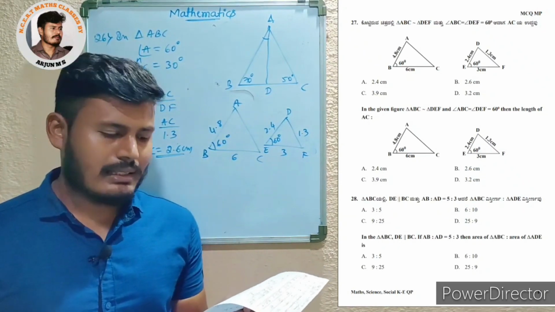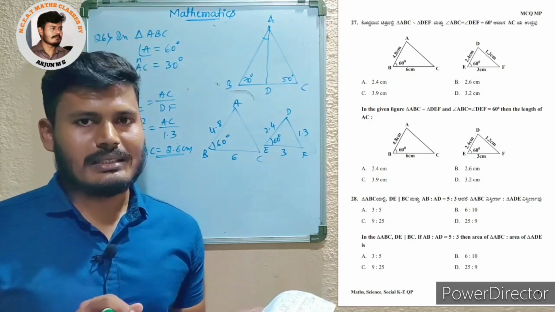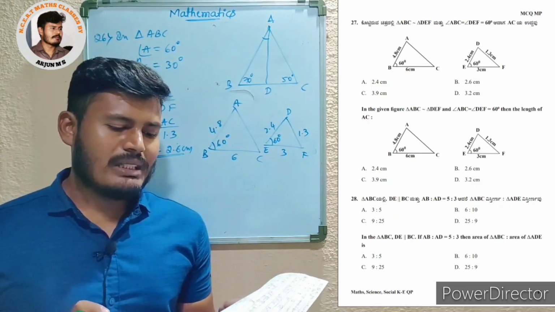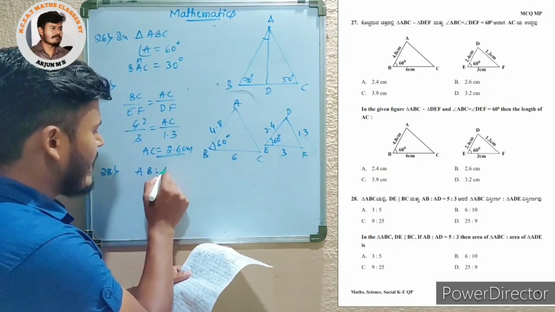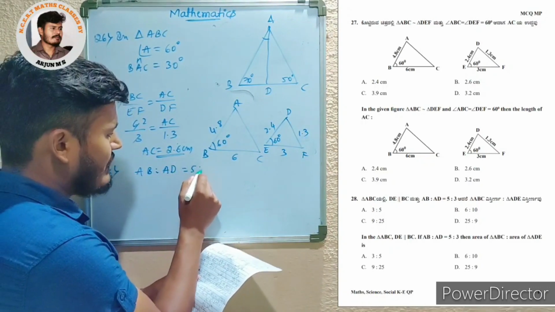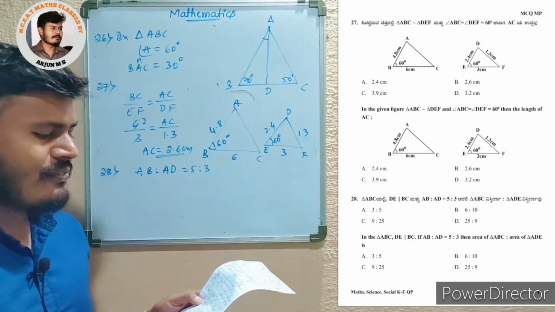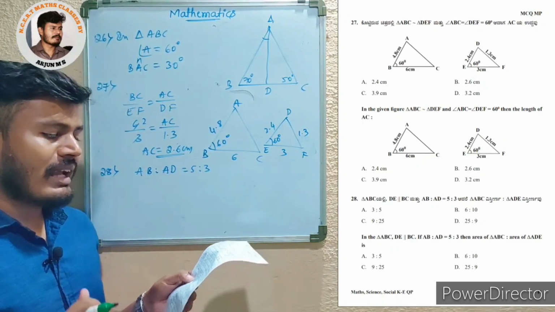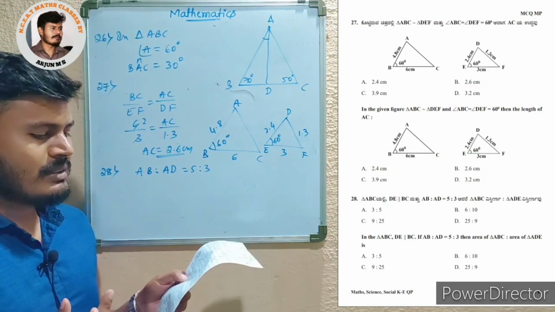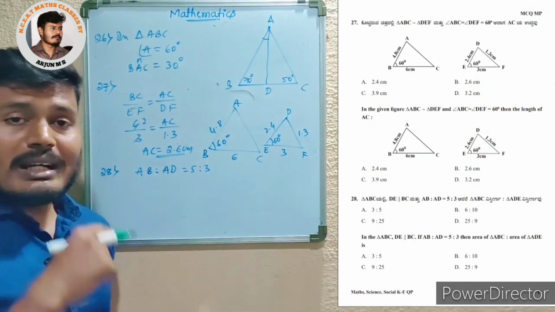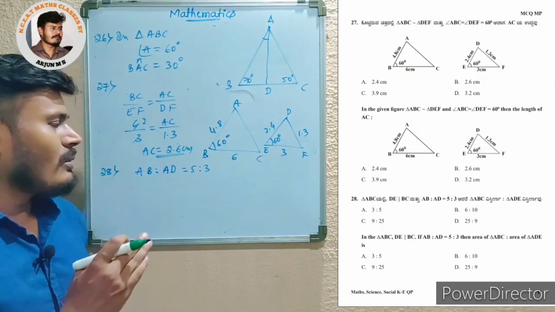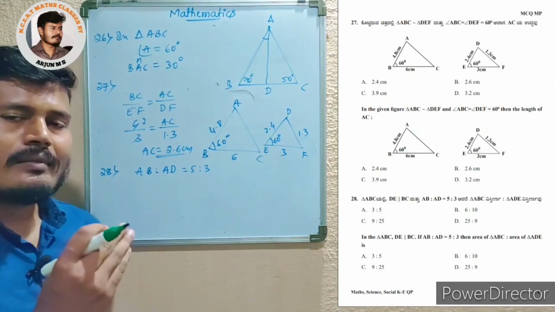In triangle ABC, DE is parallel to BC. If AB is to AD is equal to 5 is to 3, then the area of triangle ABC is to the area of triangle ADE is. According to the areas of similar triangles, what is that statement?